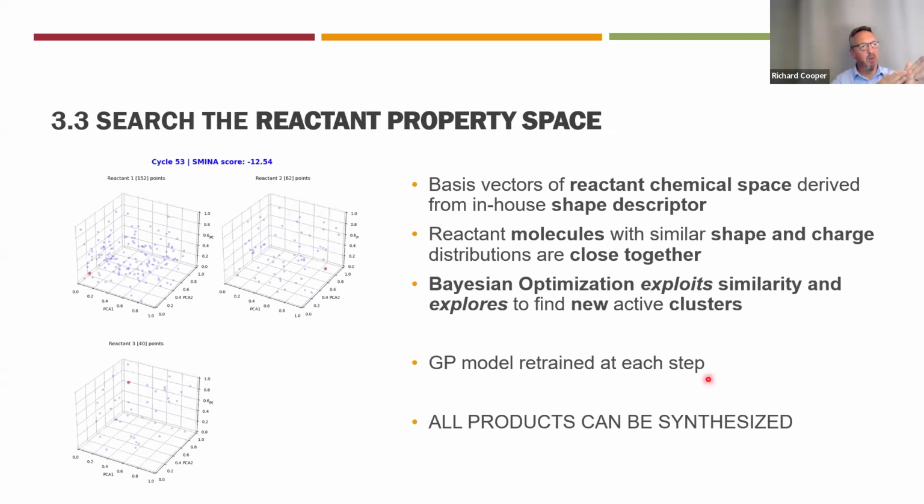So it learns not just about what makes a good reactant at position 1, but what makes a good reactant at position 1 when you pick a certain reaction at position 2. So they're correlated. You can imagine maybe the molecular weight of one goes up, and the molecular weight of another one has to come down in order to compensate. So there will be these correlations, and the GP underlying the Bayesian optimization is going to capture that and help you efficiently explore that space.